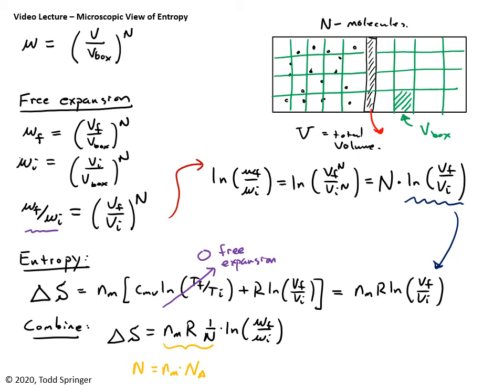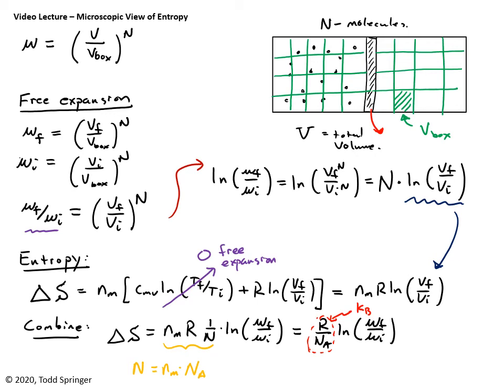And so I get here R over Na natural log of omega f over omega i. And R over Na is Boltzmann's constant.